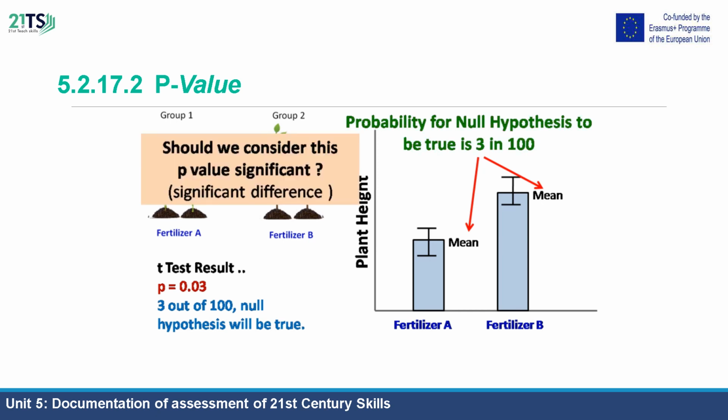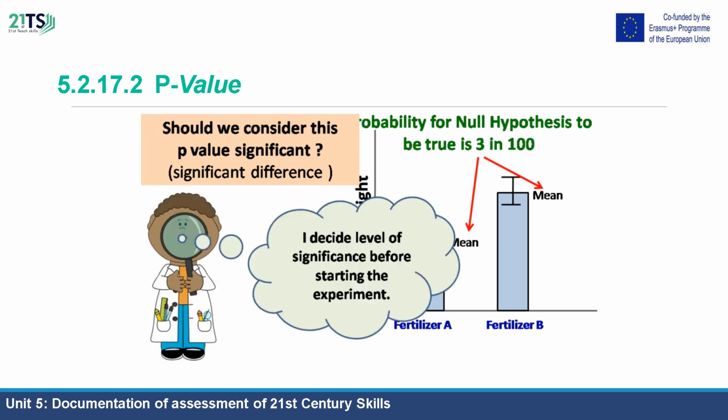Now the next question that arises is, should we consider this significant or not? Taking a decision based on p-value is completely in the hands of the experimenter or the scientist who is doing the experiment. The researcher decides the level of significance for his experiment.